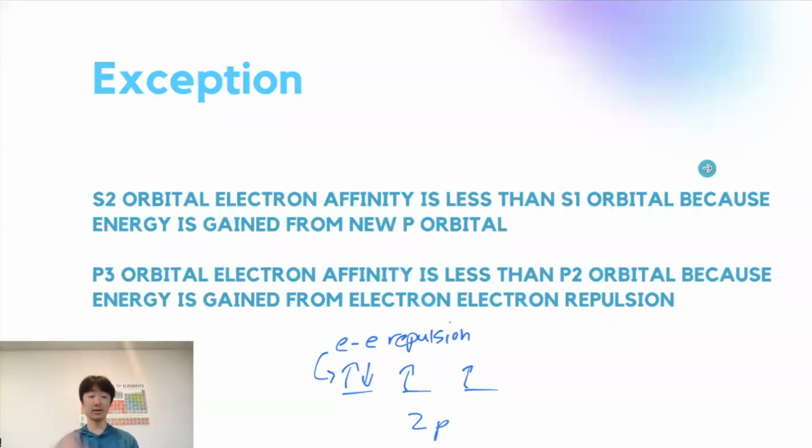Now, there is an exception to this, right? The electron affinity of an s2 orbital is less than that of an s1 orbital because it gains a new p orbital. And as you gain a new p orbital, that means it's bigger, and that means the electron is less attracted to the proton.